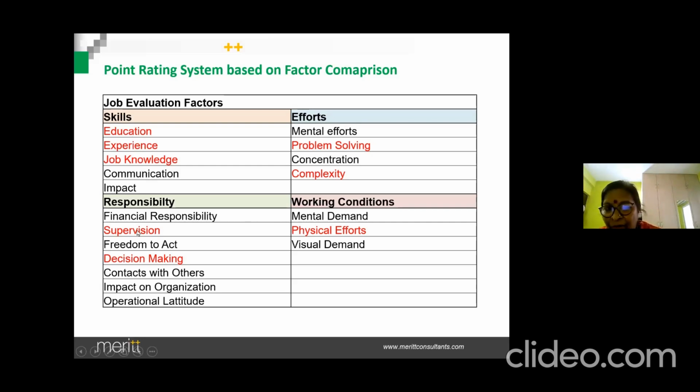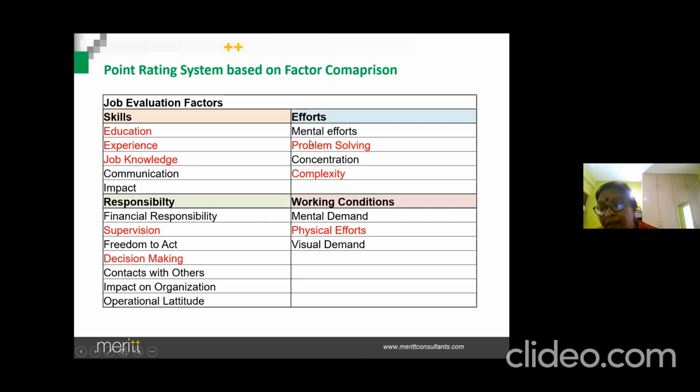Every job will have financial responsibility or supervision or the freedom to act or decision making, because decision making also has a huge impact, or customer interactions, impact on the organization. So these are the list.